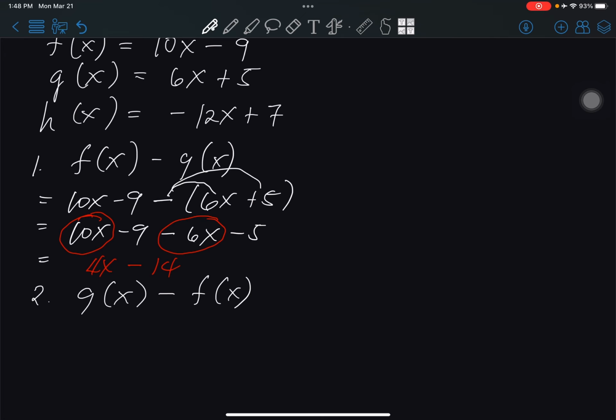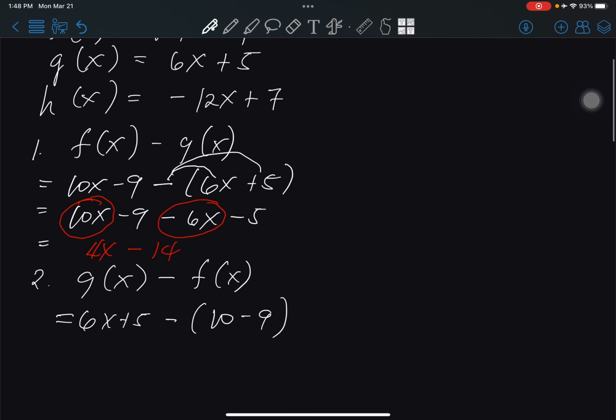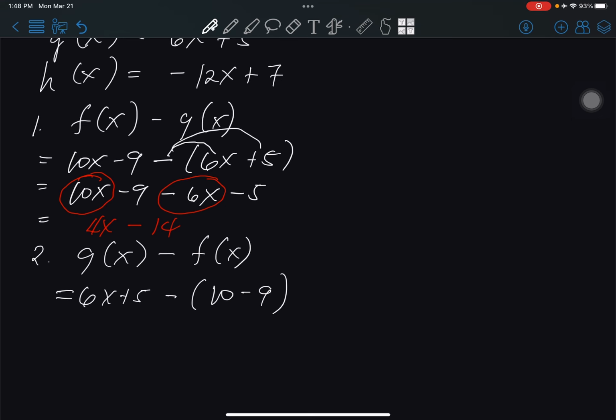So g of x, we have its value, 6x plus 5, and we have our f of x minus, you put it inside your grouping symbol, parenthesis or quantity, 10x minus 9. So just like what we did in our first example, we are going to distribute our minus sign using our terms here.